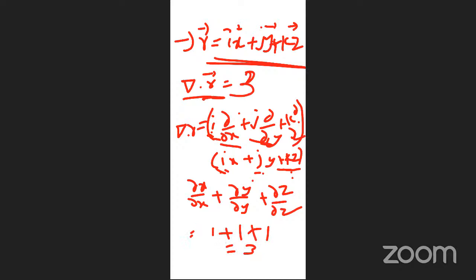So del dot r is equal to 3. r is a position vector; you find the value of del dot r, and after simplification the value is 3. So this is one model problem of divergence. And again, another two problems I can explain.